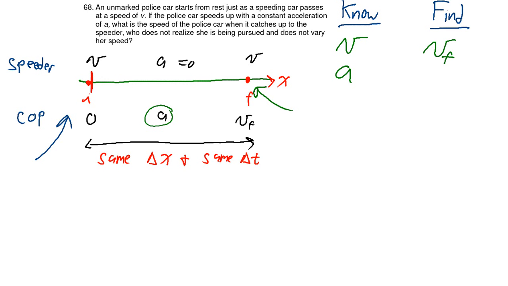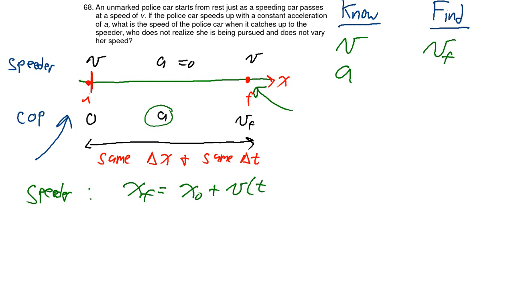Okay, so we need to use kinematic equations in order to solve this problem, and so we need to be kind of systematic about it. So for the speeder, because there's no acceleration, the only kinematic equation that's really useful is the first one on the list that tells us the final position would be equal to the initial position plus the initial velocity times the time interval.